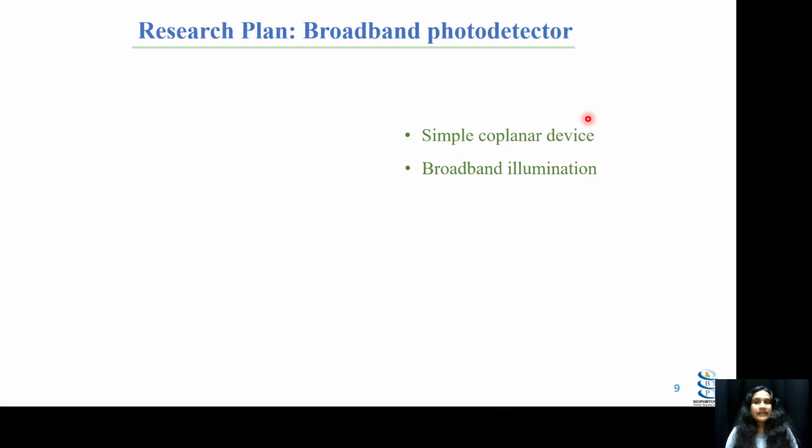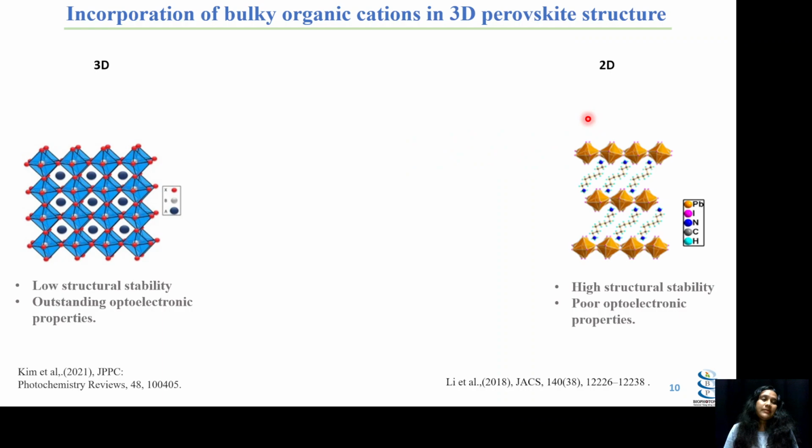Before moving on to the synthesis and other aspects of the perovskites, let me explain in detail how we can incorporate bulky organic cations in a 3D perovskite structure. We have the 3D perovskite structure, which has low structural stability but outstanding optoelectronic properties, and then we have the 2D perovskite structure, which has high stability but whose optoelectronic properties are poor compared to 3D.